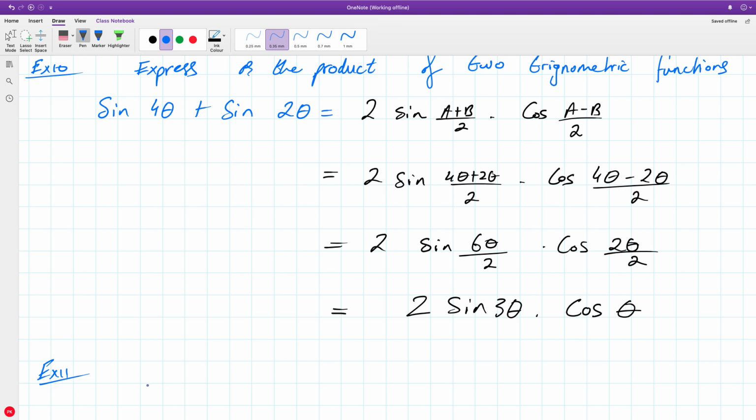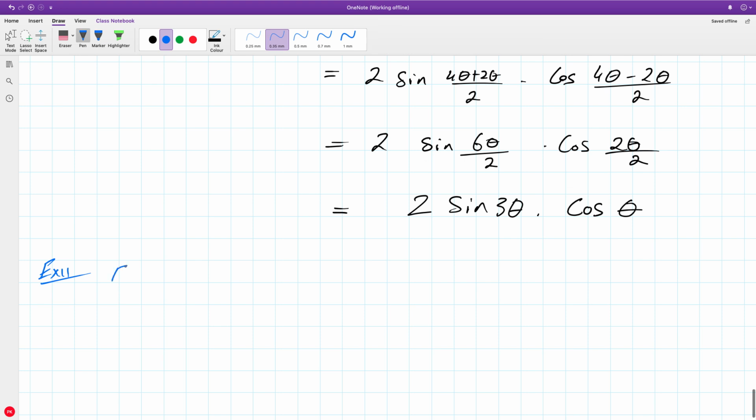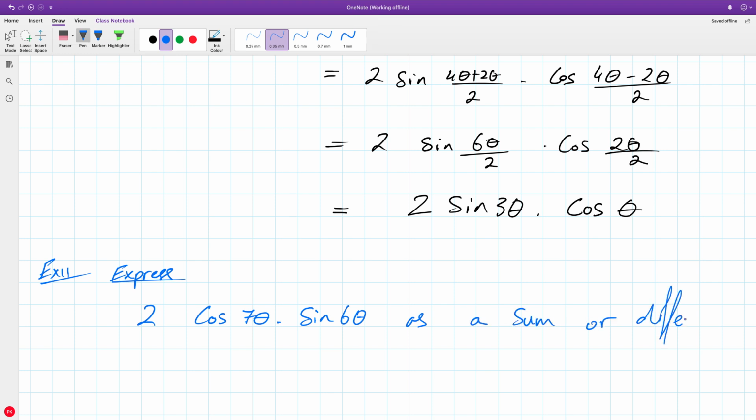Example 11. Express 2 cos 7 theta by the sine of 6 theta as a sum or difference of 2 functions.